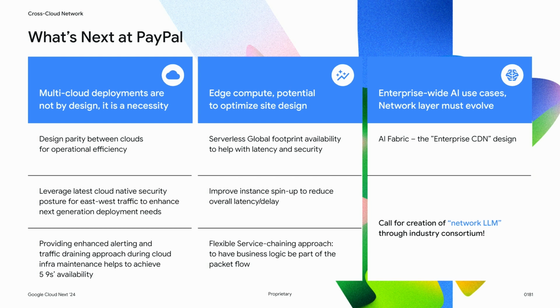That is where I call for a network LLM, a domain-specific knowledge base that it can bring and co-innovate. If we do it in an open consortium manner, we can have everything in one place. So that is a call out for what we can do in the AI space. With that, thank you for the opportunity.